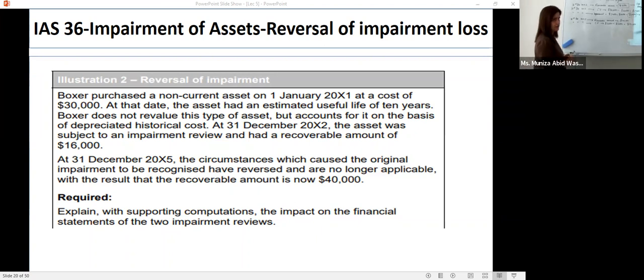This is how you are going to tackle your exam questions. Your original impairment which you can reverse is 8,000, but you cannot reverse it all. At this point of time, this carrying value has been calculated, which is in regards to the impairment. This is going to be carrying value at 31st December 2005. One more carrying value you are going to calculate, carrying value at 31st December 2005 without impairment.